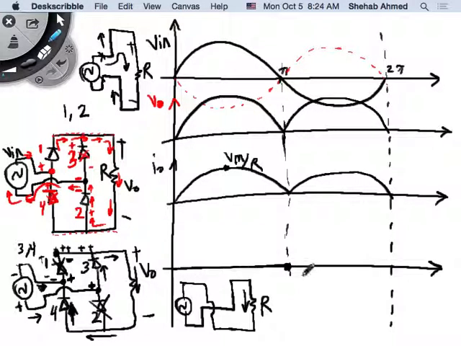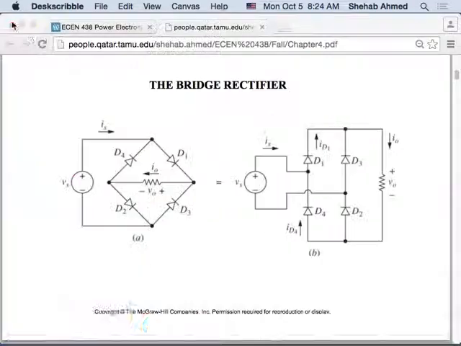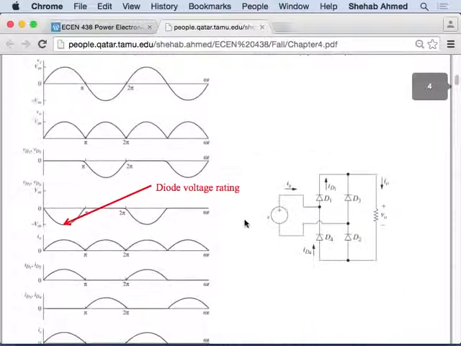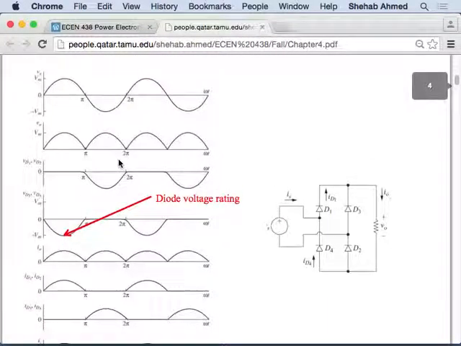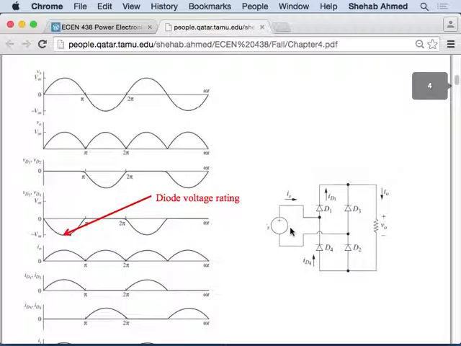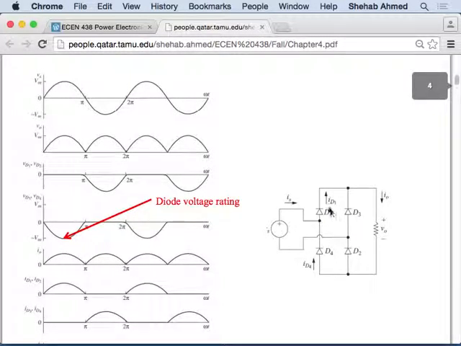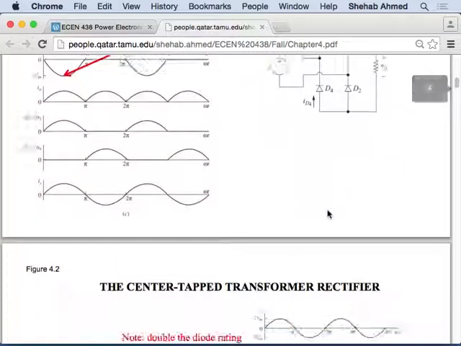I think in the textbook they use the polarity where they put the positive here and the negative here for the diode, and they draw this as the negative opposite of the supply voltage. I believe they do that. Let's see. No, they actually draw it as the supply voltage. But they didn't put the polarity here, so maybe it's in the textbook. I don't know. This depends on the polarity that you choose for the VD, right? So let's see if they do it later.